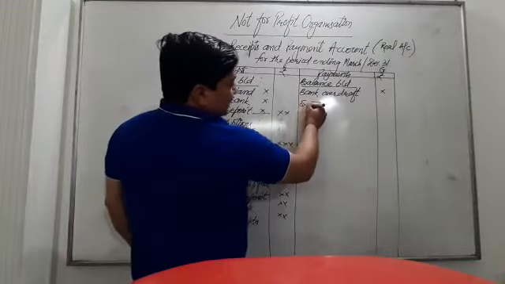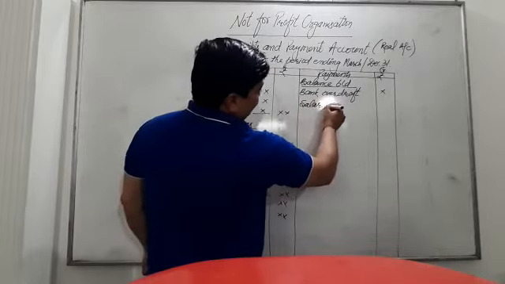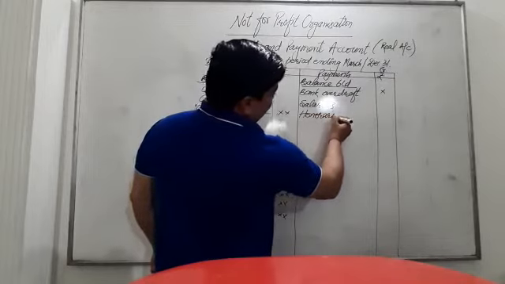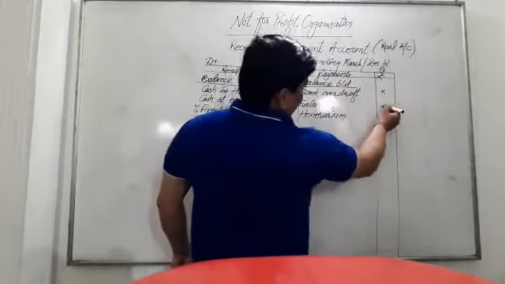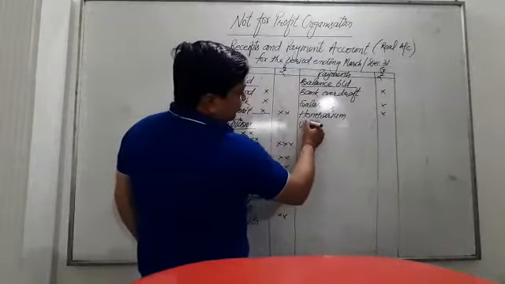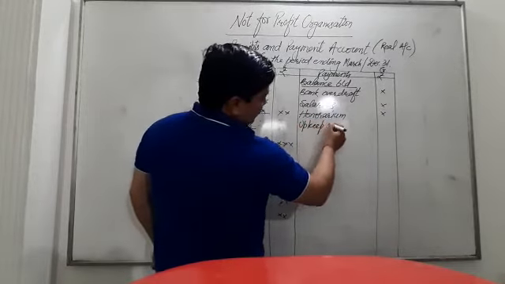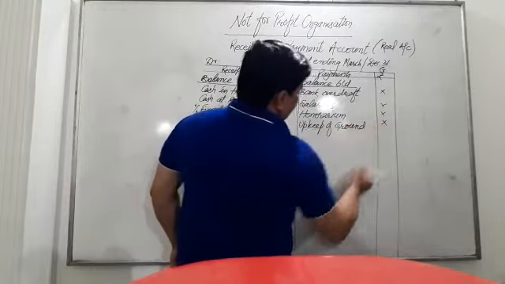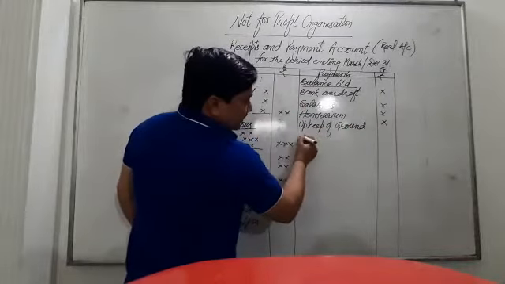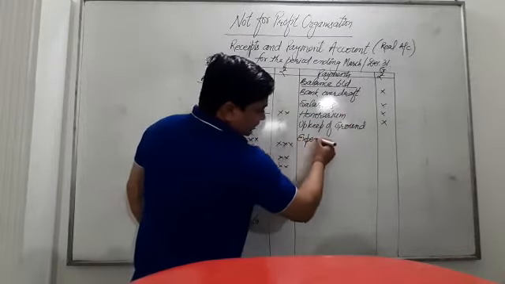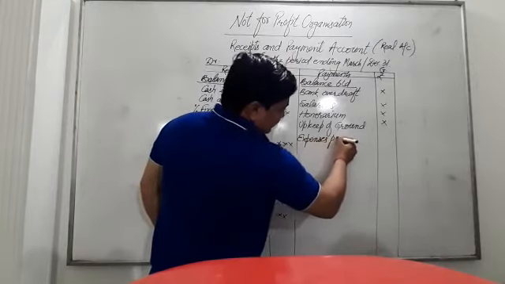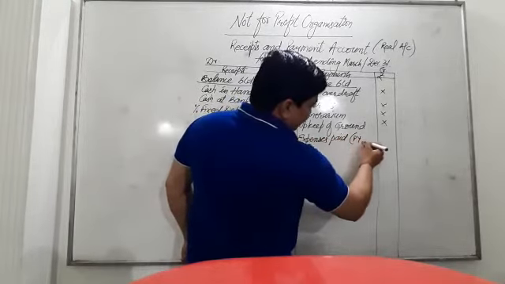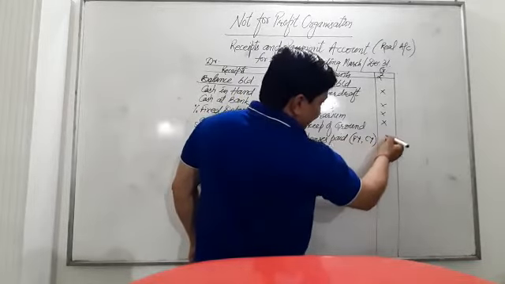There may be salaries, honorarium, upkeep of ground, expenses related to last year, expenses paid, which may be of the previous year or related to the current year.